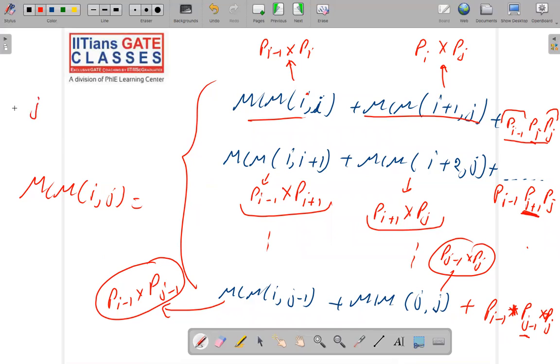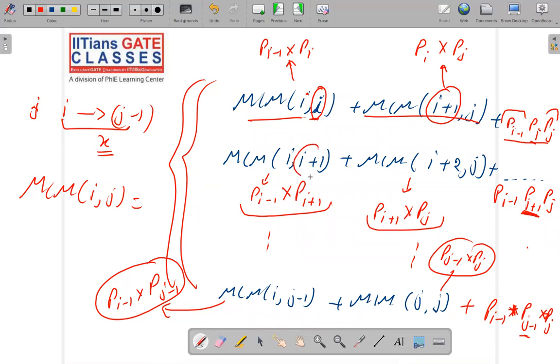We can give it a variable, some X, and write all these calls in terms of X. So this X will vary from I to J minus 1.